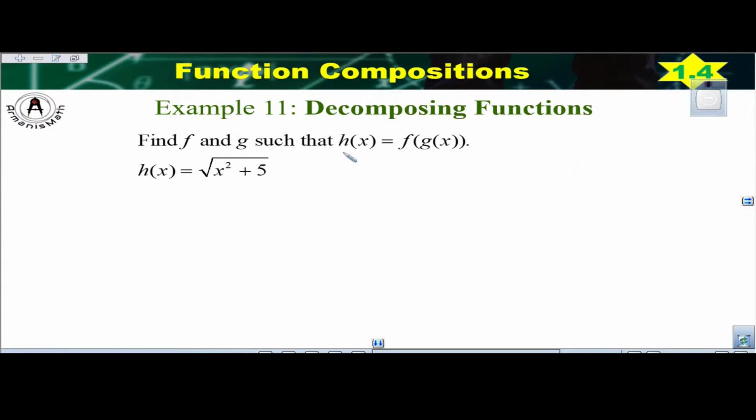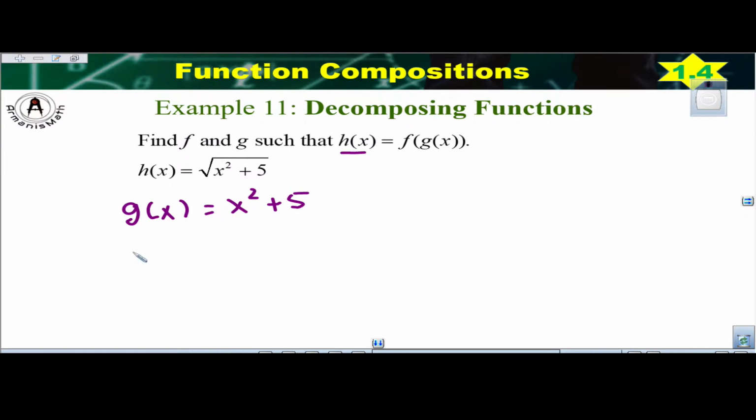So in this case, let's say h of x is the finished product, which has f of g of x, which means you have g of x here. This is a composite of 2 functions. What do you think could be the g? What do you think could be the f? Here's my thought. g would be something like x squared plus 5.